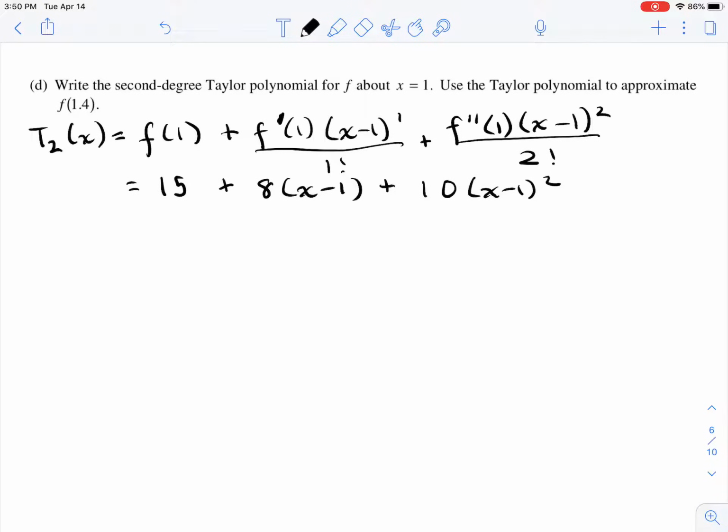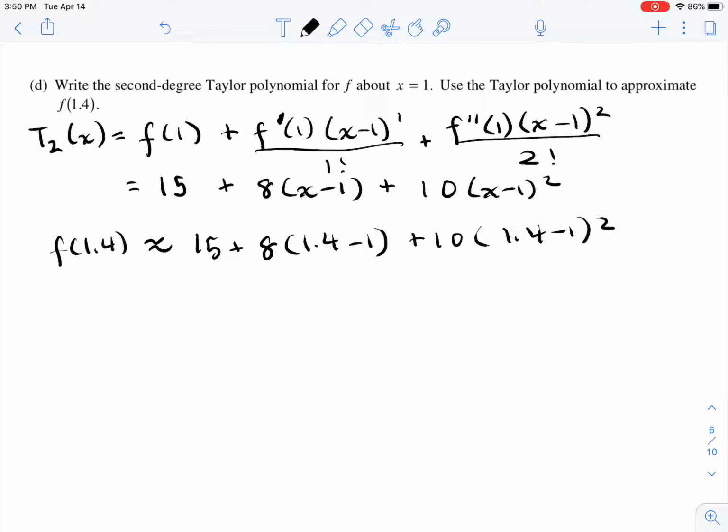Now our last step is to use that Taylor polynomial to approximate what f of 1.4 might be. So from there, 15 plus 8 times 1.4 minus 1 plus 10 times 1.4 minus 1 squared.